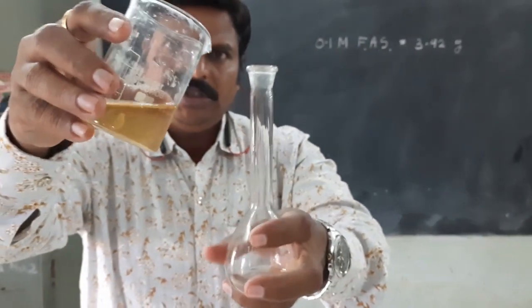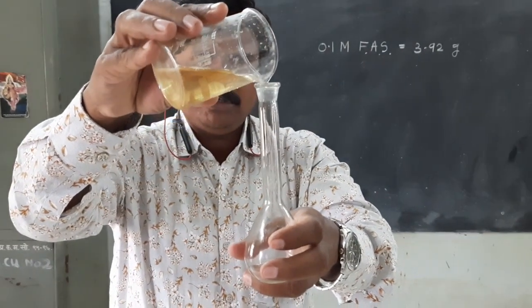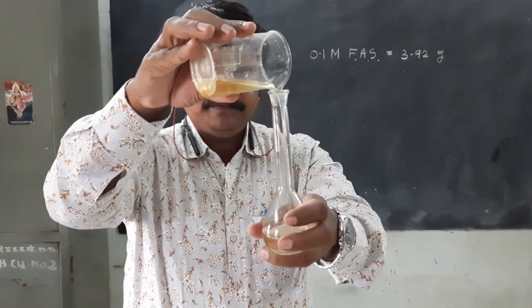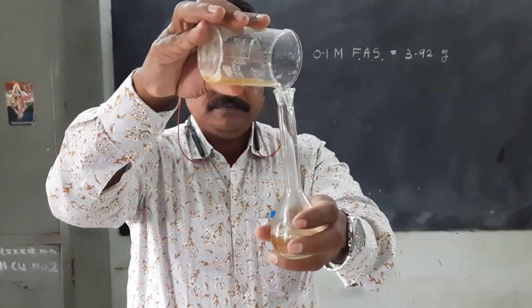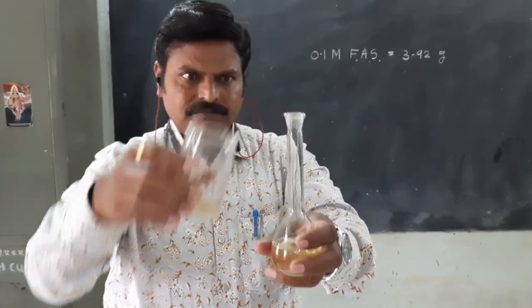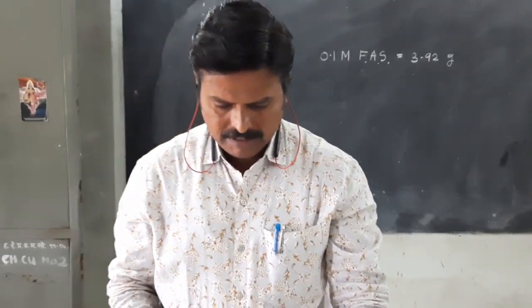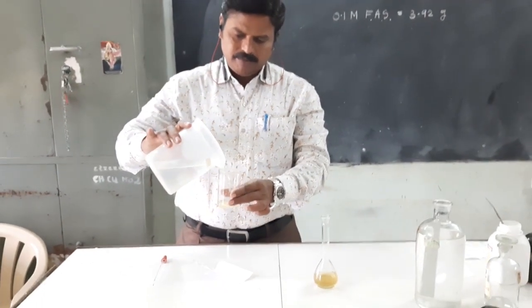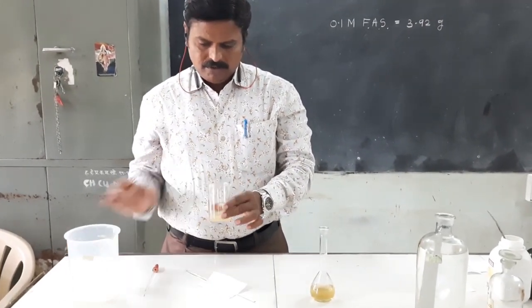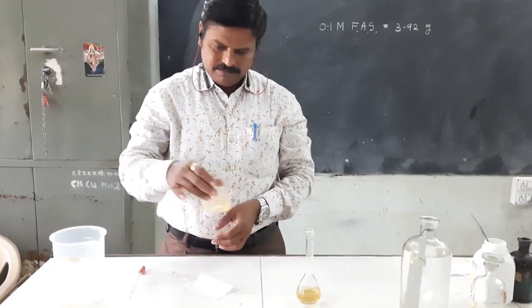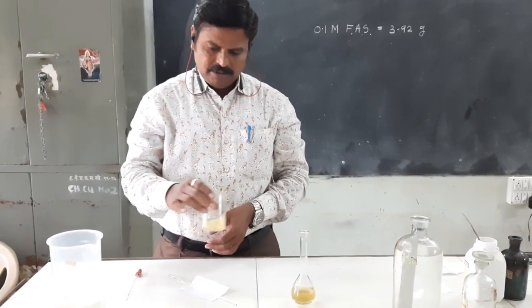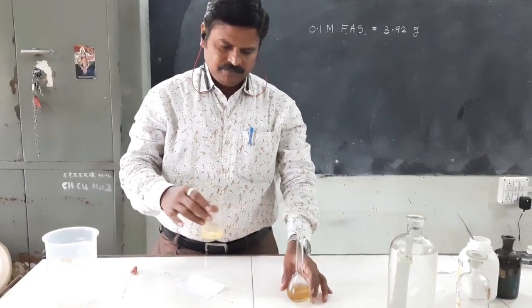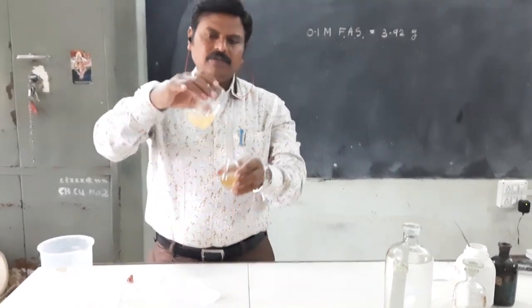We have to dilute the solution by using distilled water up to this mark. Add some more quantity of water in the beaker to dissolve the remaining crystals and to wash the beaker and transfer it again in volumetric flask.